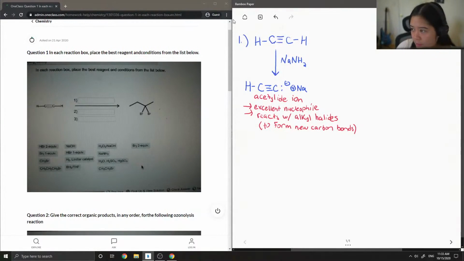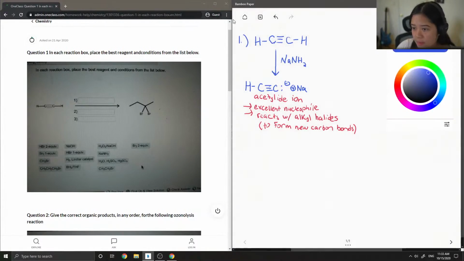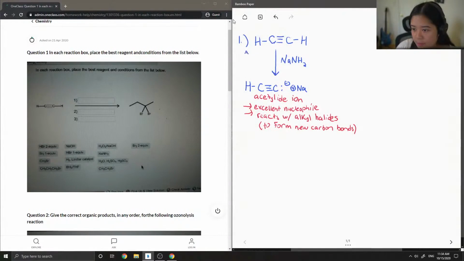Okay, so that's step 1. I'm just going to label these as A and B. So that was A.